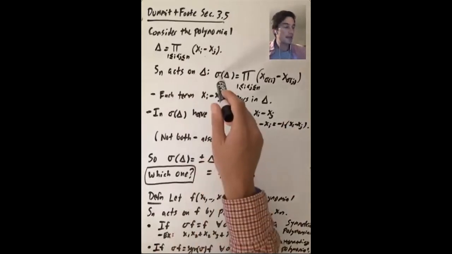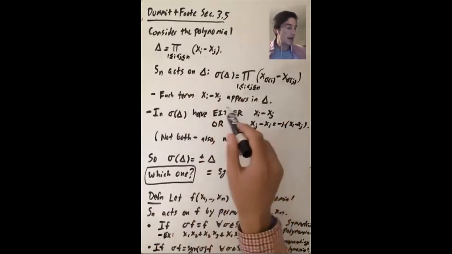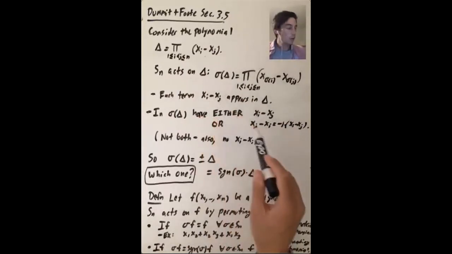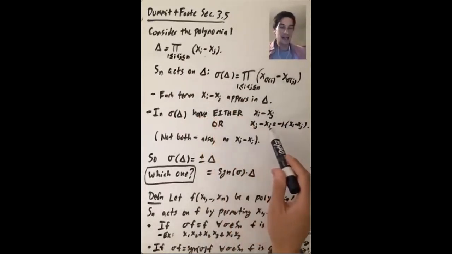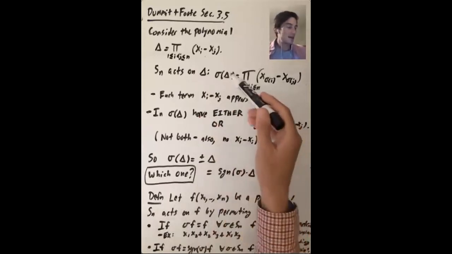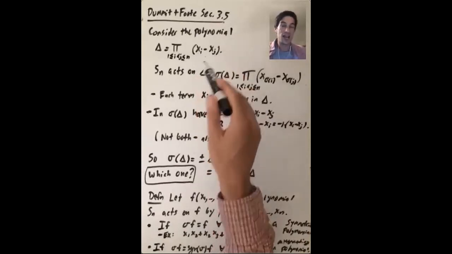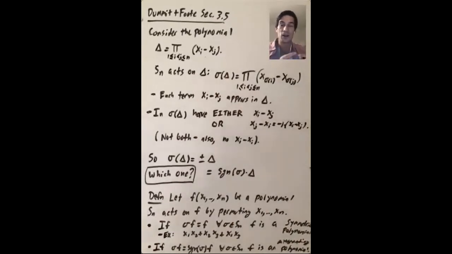What happens in sigma delta is we always have either xi minus xj, or we get xj minus xi. The idea is that something has to get sent to i, and something has to get sent to j. So at some point when we're going over all of these pairs, we have some pair where the pair includes xi and xj, but the order might be switched.